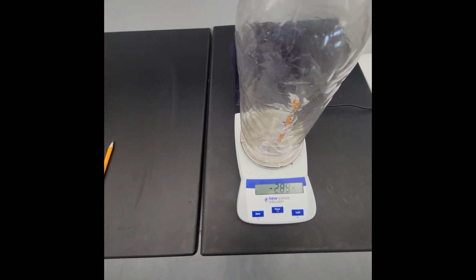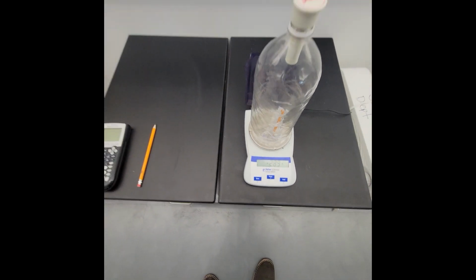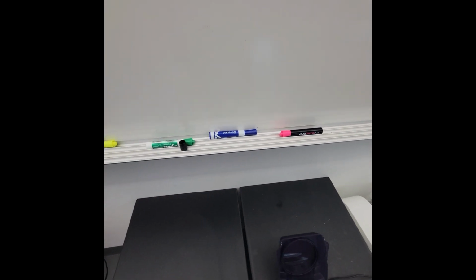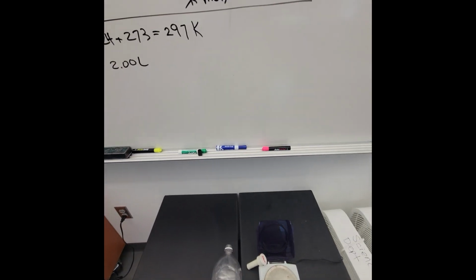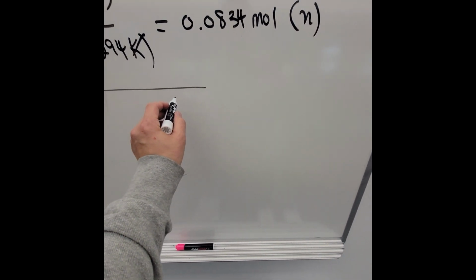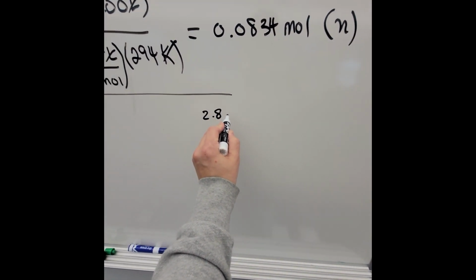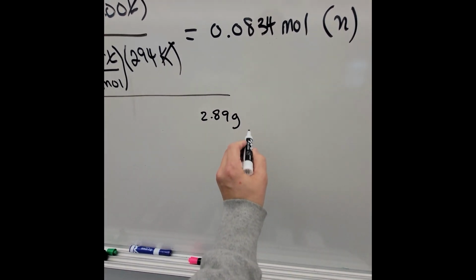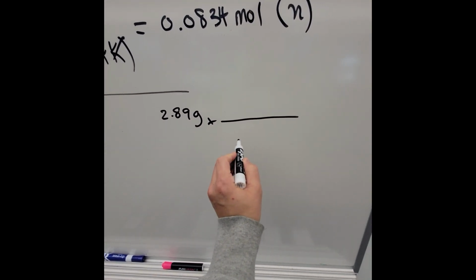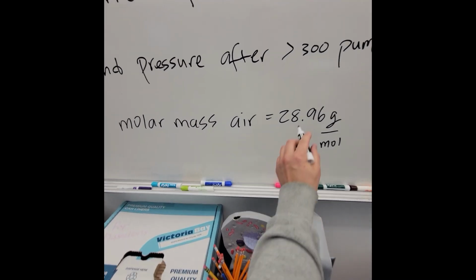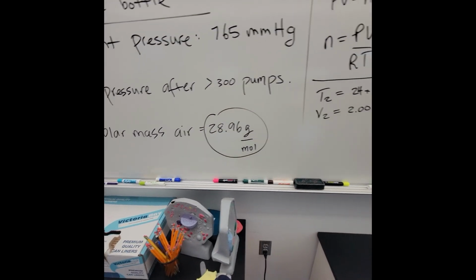All right, so we have negative 2.89. So that 2.89 grams represents the amount of air that I pumped in there. Let's do that off to the side. 2.89 grams of air. We want to convert that to moles. We're given the molar mass of air right over here, 28.96.